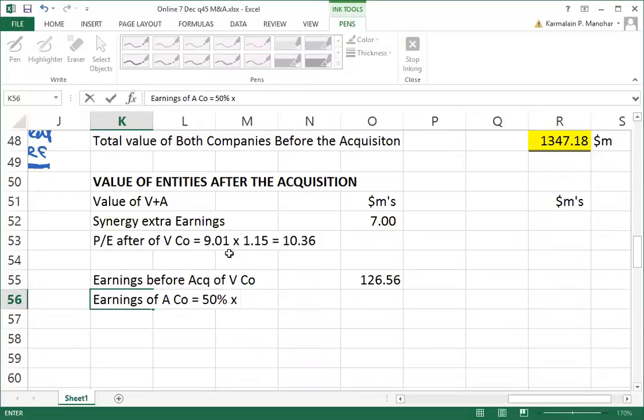Did we have that up above somewhere? $18.4, right?